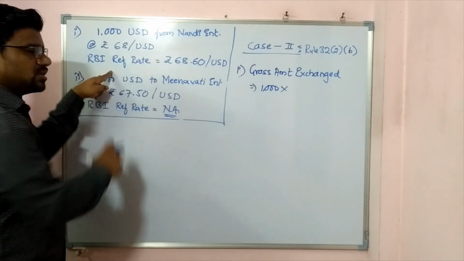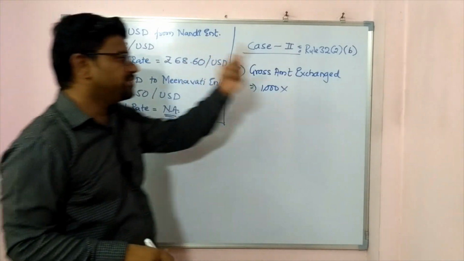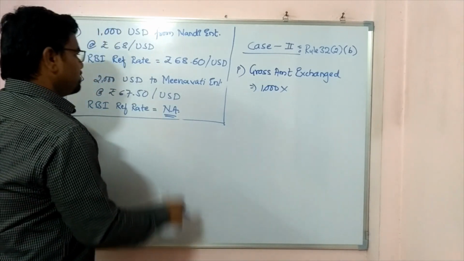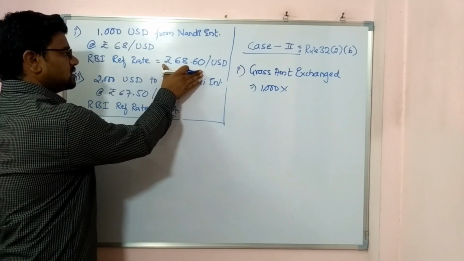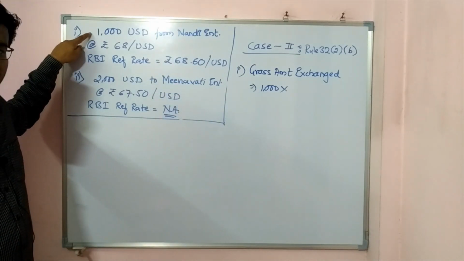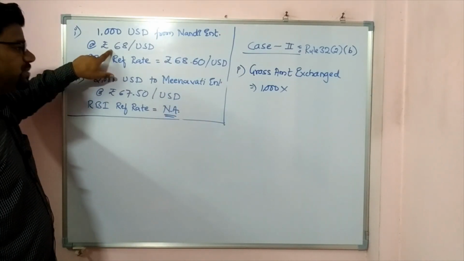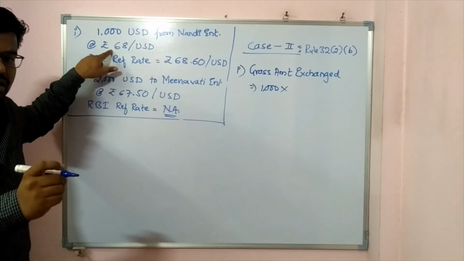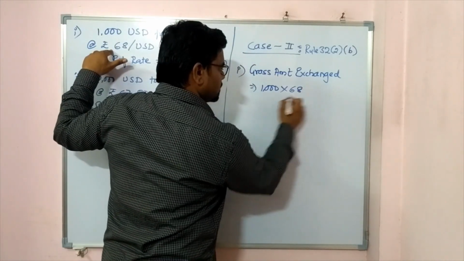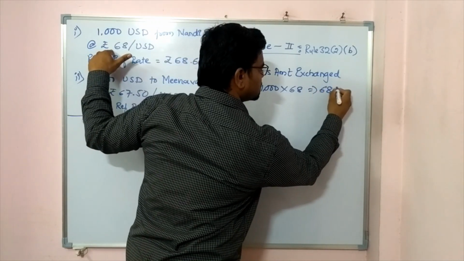This reference rate rule is applicable in previous case when you are using part A. Okay, in this case we are not using the reference rate. From Nandi Enterprises we have exchanged 1000 US dollars at rupees 68. This is the real case that had happened, and therefore we are going to use 68 only. So this amount will be 68,000.